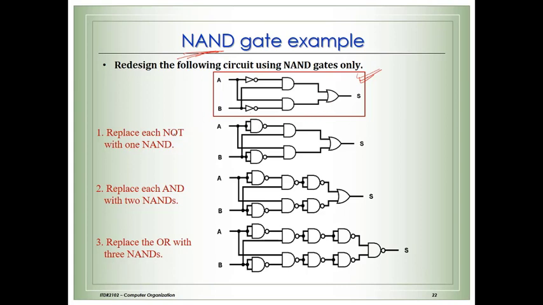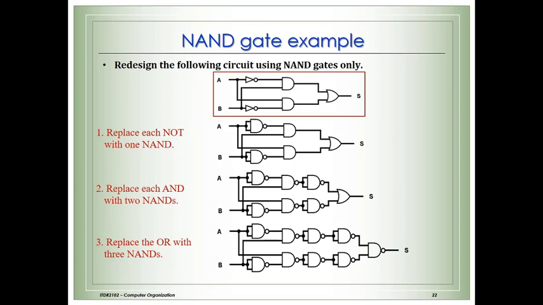So first we replace each NOT gate. One NOT gate is equivalent to one NAND gate. So this NOT we are replacing with this NAND, and this NOT we are replacing with this NAND. Rest of the circuit is as it is, correct?